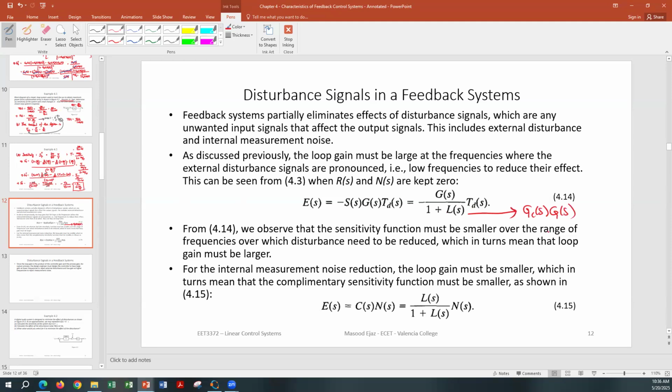In other words, your controller gain must be large in order to reduce the error due to disturbance. And those are at low frequencies, because disturbance signals are mostly at low frequencies.